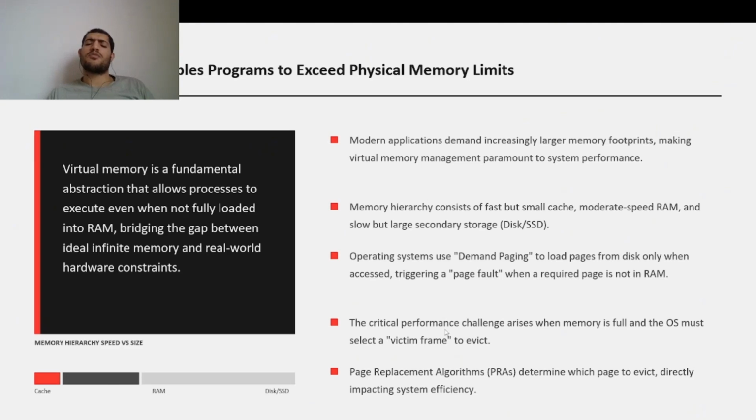The critical performance challenge arises when memory is full and the operating system must select a victim frame to evict. Page replacement algorithms determine which page to evict, directly impacting system efficiency. It makes the system more efficient and faster.